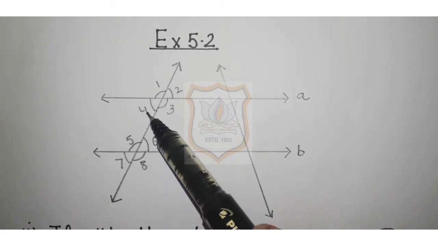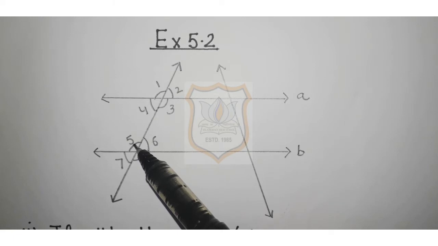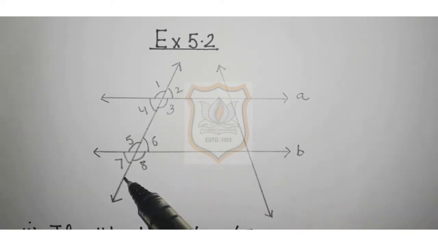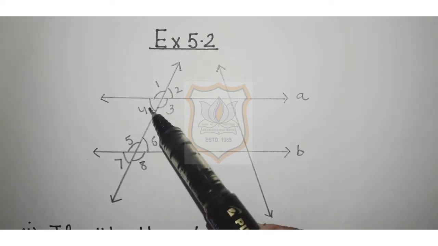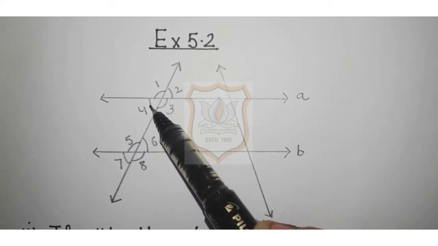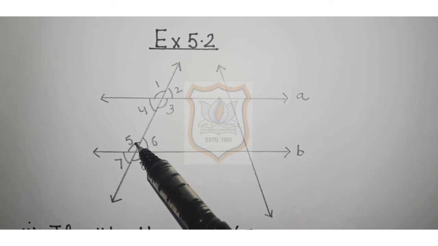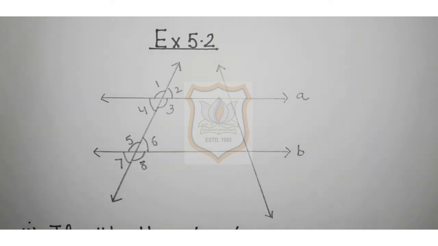See, angle 4 and angle 5 are interior angles on the same side of the transversal. This is the transversal and they are on the same side of the transversal, and they are interior also. So, their measure is 180 degree.